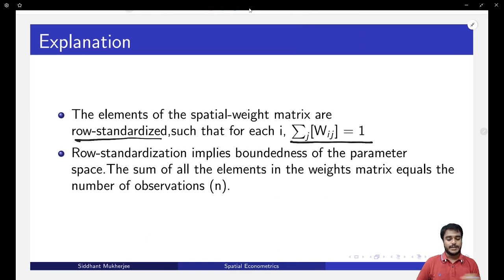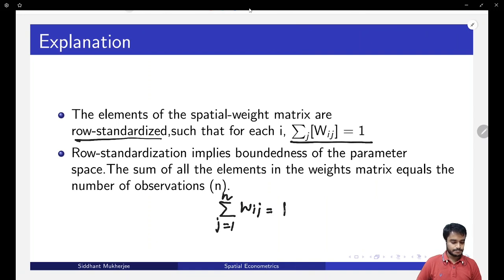For the specification, we can deal with the summation of wij for j equal to 1 to n, which is 1.